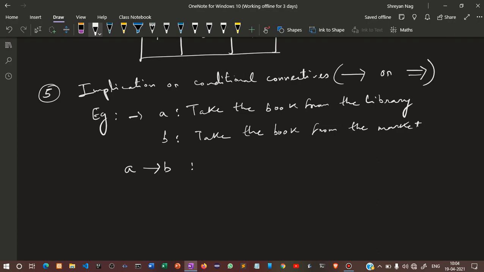So what will the statement say? It will say that if the book is available in the library, then take it from there. Otherwise, take it from the market. Any one of them.